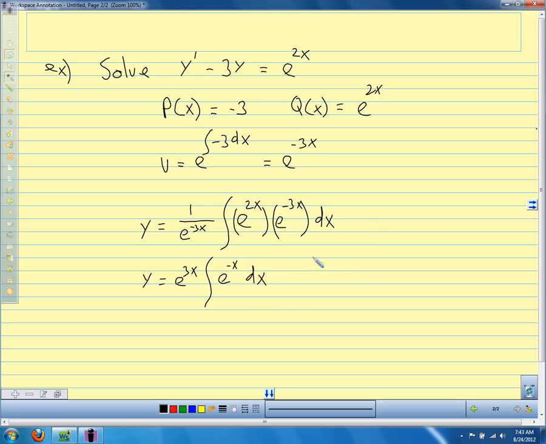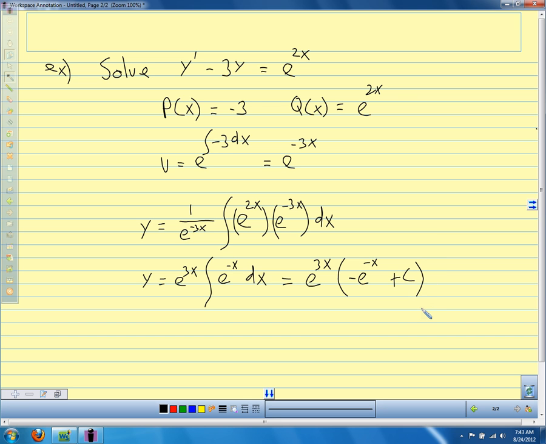And here's where we need to be careful. We're multiplying, and this part is where we do need to keep careful track of the constant of integration, because we're multiplying by this e to the 3x out front. So this equals e to the 3x times the integral of e to the minus x, which is minus e to the minus x plus c.